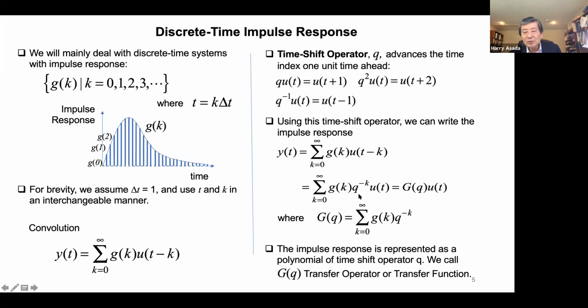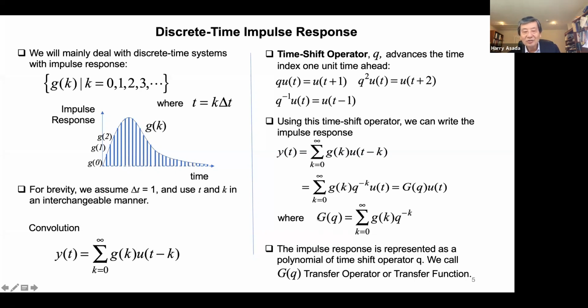It turns out that this can be written as G(q) times u(t). So the convolution becomes the product of this function and u(t). The impulse response is represented as a polynomial of the time shift operator q, G(q). We call this G(q) the transfer operator or transfer function.